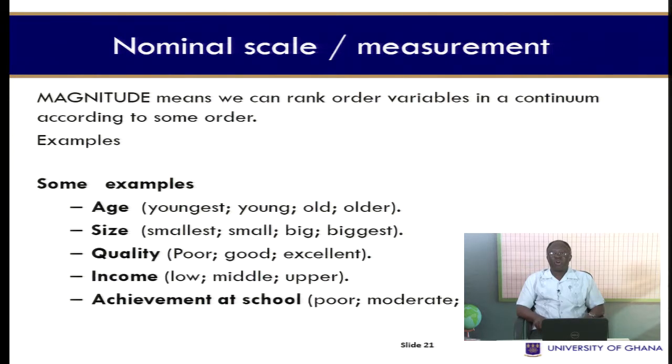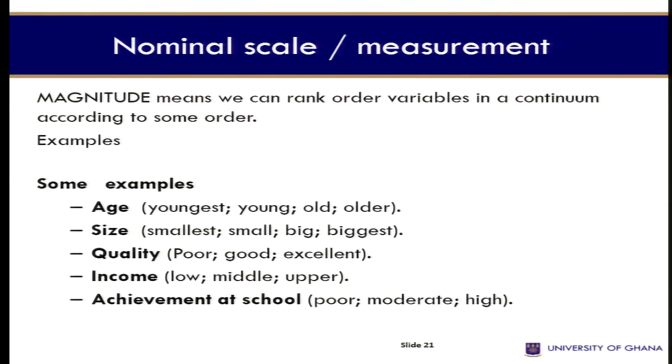Secondly, it has the property of magnitude, which means we can rank order the variables in a continuum according to some order. So if I take age, for instance, I have youngest, young, old, and older.